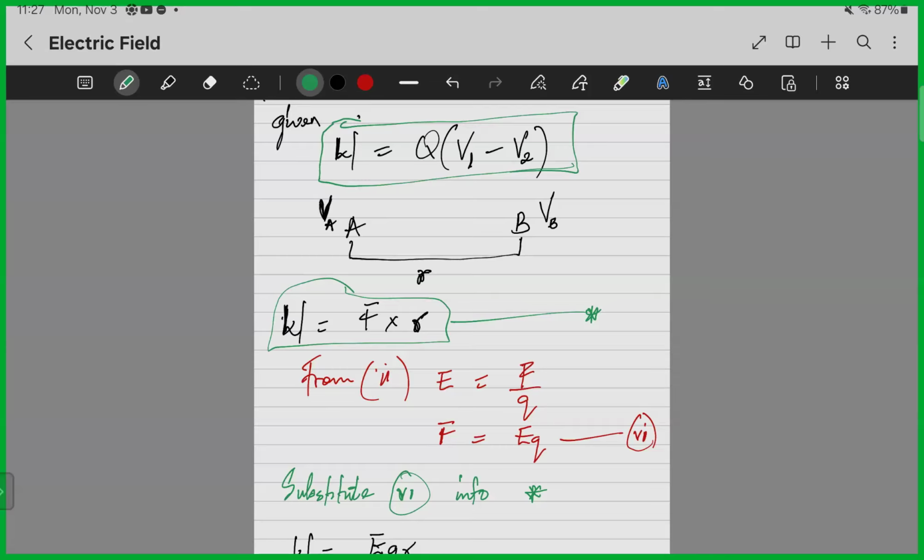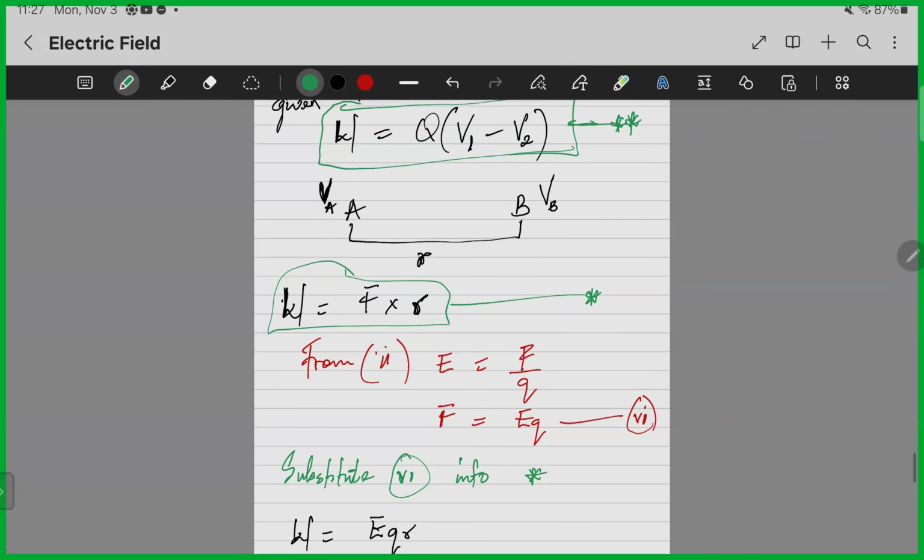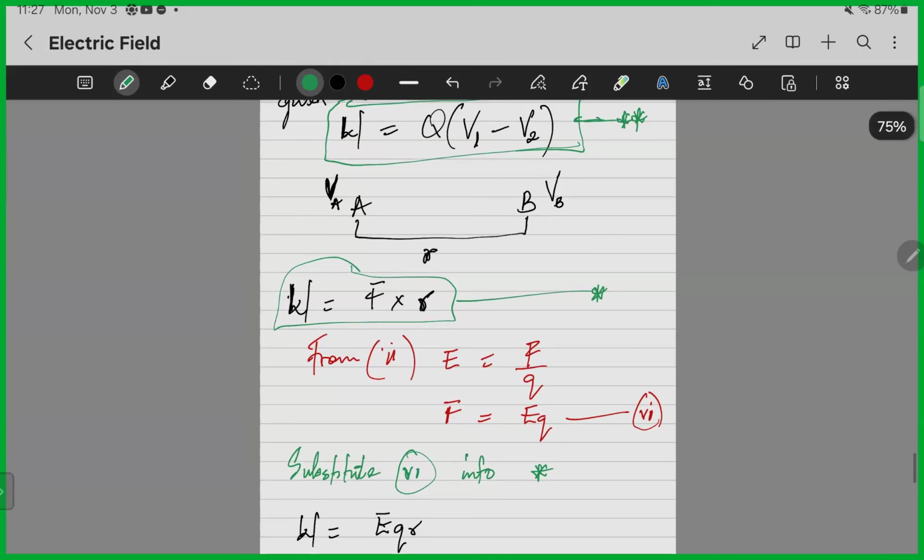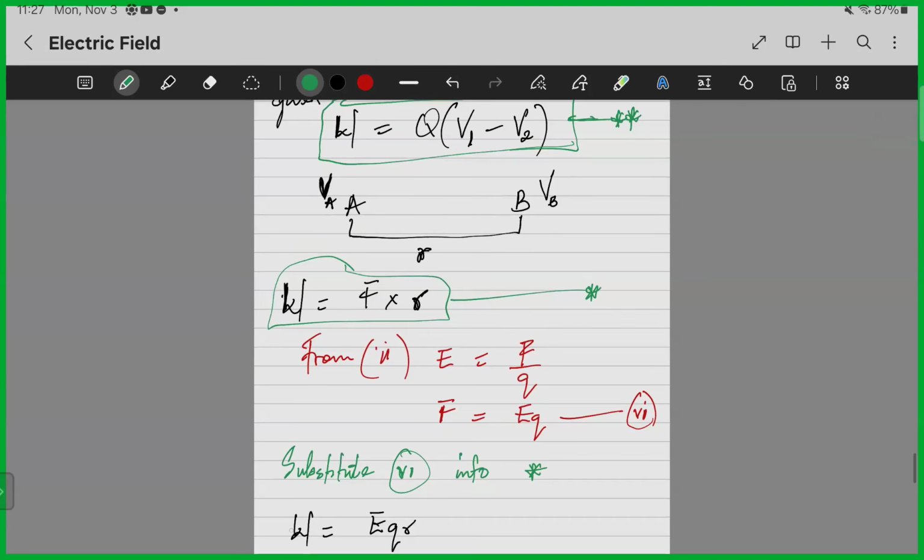Let me call this one, which we defined for work done in terms of potential difference, star star. Now look at the one we just established by substituting equation 6 into star. I will call that equation 7.